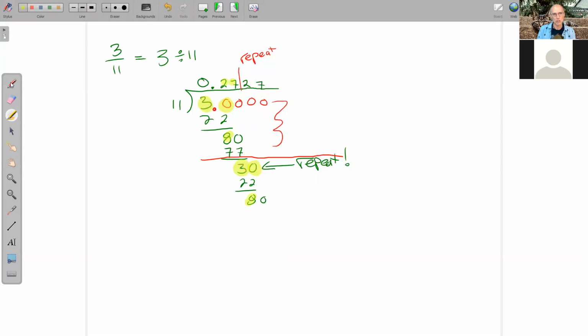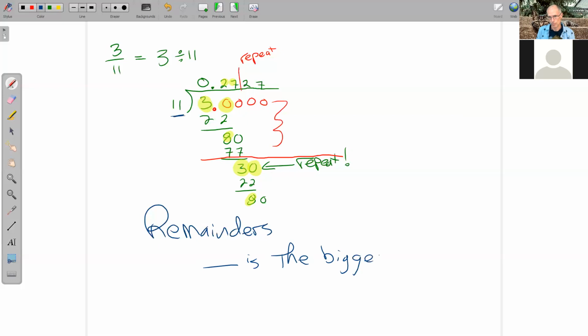And remainders are kind of interesting. When I'm dividing by 11, what's the biggest remainder I can have? Anyone?